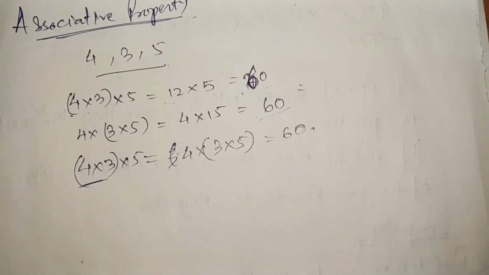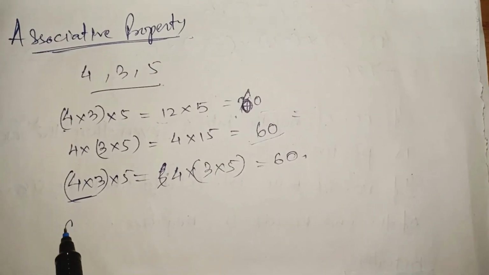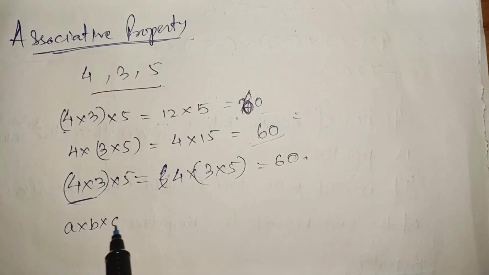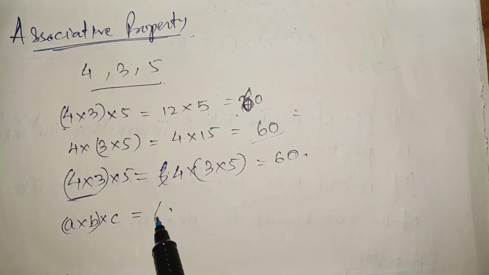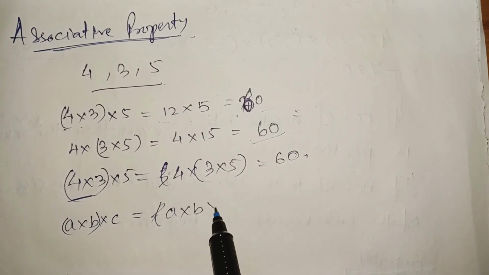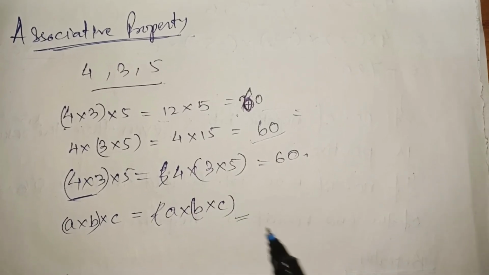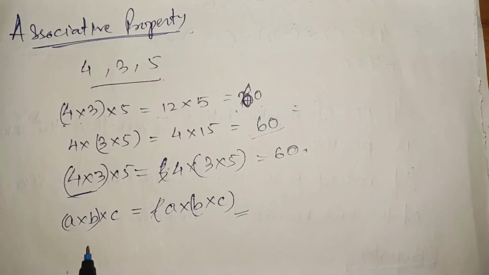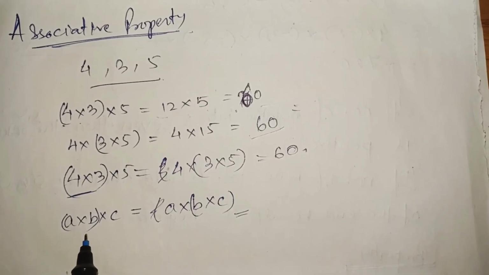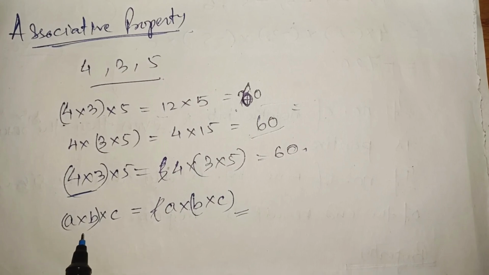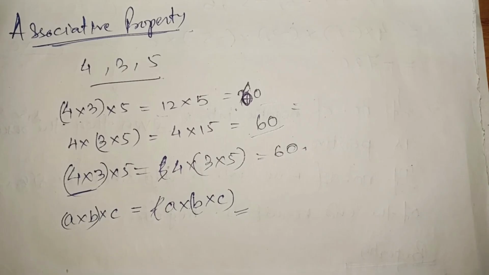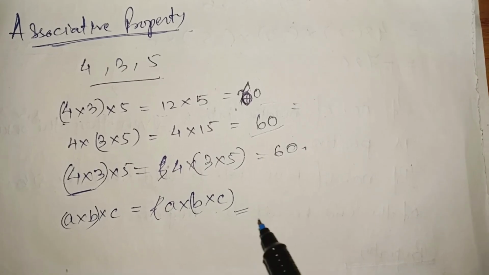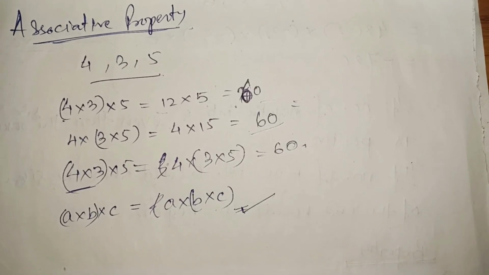So from this what we can infer is that for any integer a into b into c, where a and b are grouped together, is equal to a into b into c where b and c are grouped together. This means that even if the grouping of the integers is changed, the value of the end result does not change, in case of associative property. So it satisfies the associative property here.